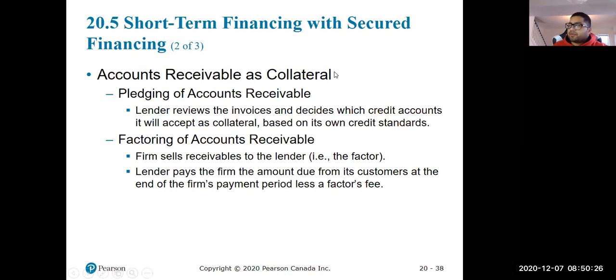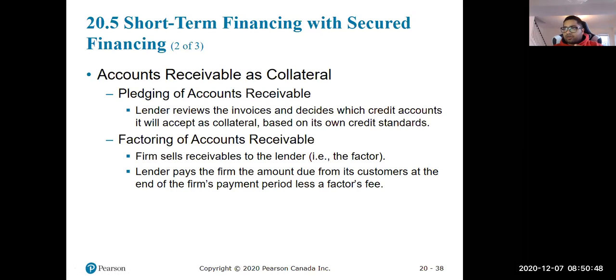Now, accounts receivable can be kept as collateral. So what are accounts receivable? Whatever product you have sold to customers on credit, that is accounts receivable. Customers have already bought the product, and they're going to pay you in some time, either in a payment plan or after some months.